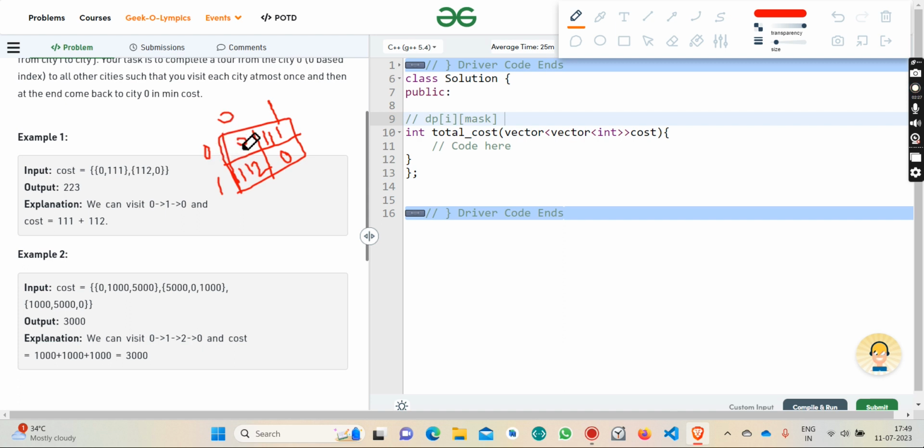The distance from city 0 to city 0 is 0, city 0 to city 1 is 111, city 1 to city 0 is 112, and city 1 to city 1 is of course 0.